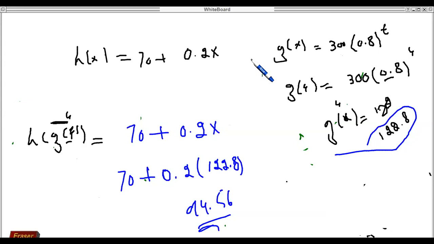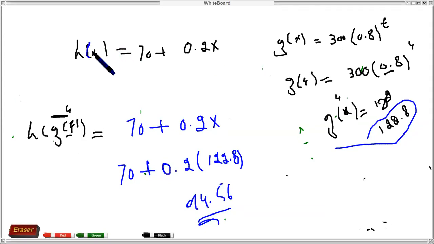Okay, listen, Bilal. H of x function is given, this is h of x, equal to 70 plus 0.2x. G of x function is given, 300 multiply 0.8 power t. We need to find h composition with g of 4.